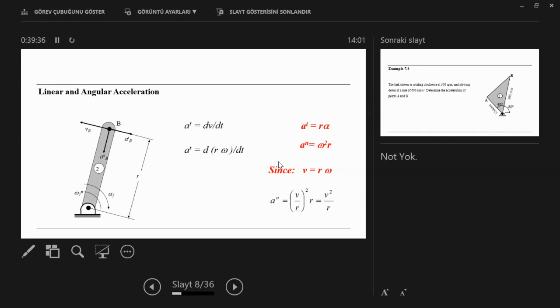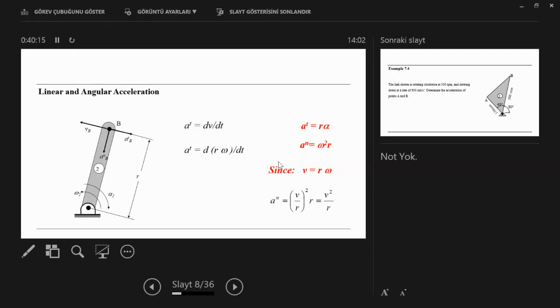Let's say we connect an electric motor to the crank and put it into motion, or we connect another power unit so that it starts to turn, like a combustion engine and so on. If it is the driver, we should know its angular velocity, and if there's an angular acceleration, we should also know that.